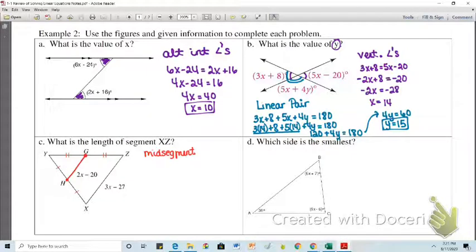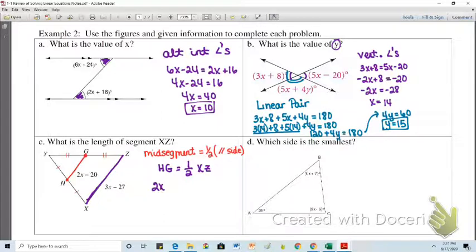And what I know is that the mid-segment equals 1/2 of the parallel side. So in my example, this is the parallel side. So I'm going to have HG equals 1/2 of XZ.